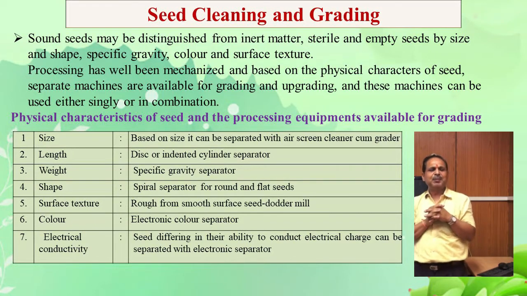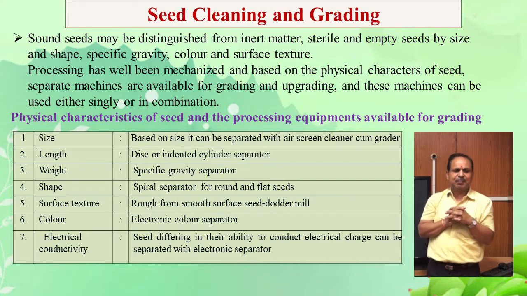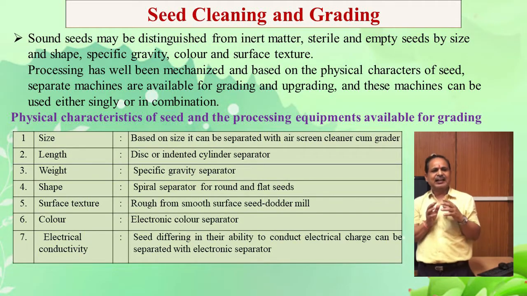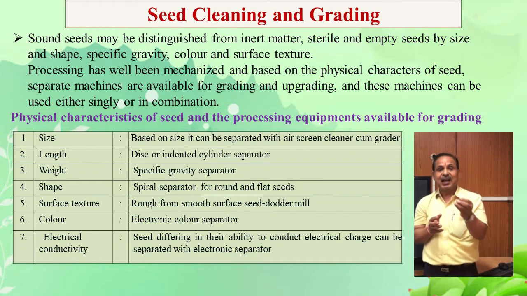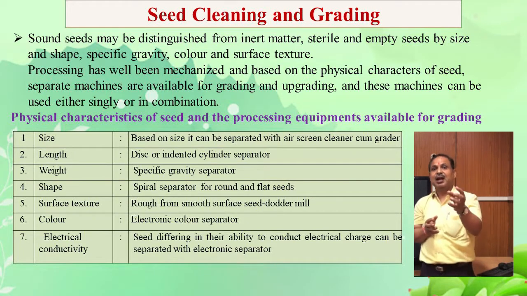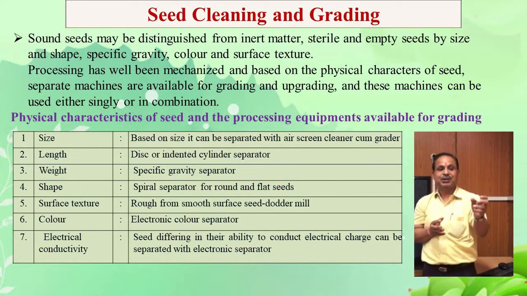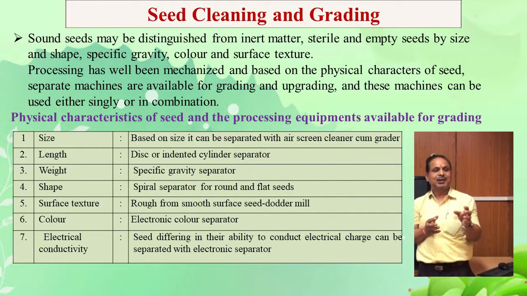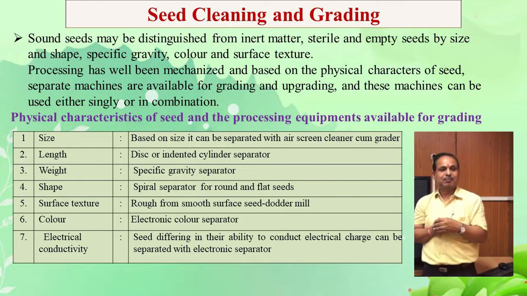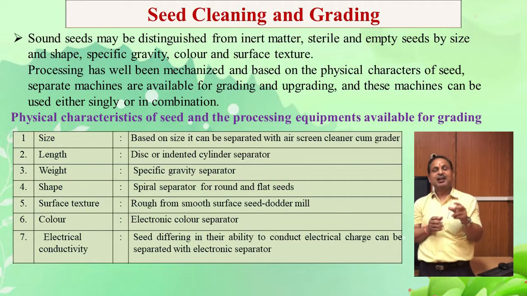So sound seed may be distinguished from inert matter, steriles and empty seeds. We will have florets which may be steriles, and they come after threshing with the seed lots. So they must be distinguished during seed processing, based on specific gravity, shape, color and surface texture. Based on these, the sound seeds may be distinguished.